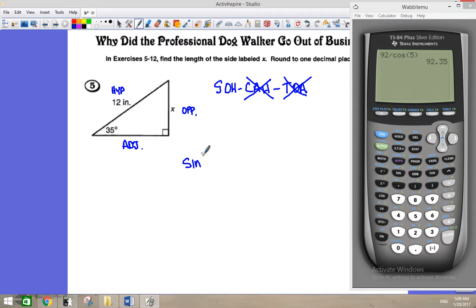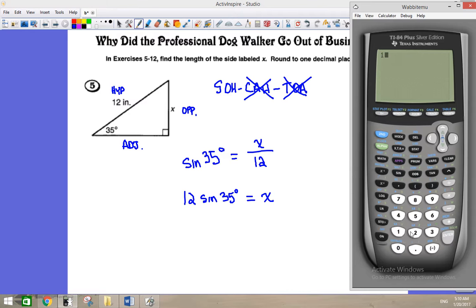The sine of 35 degrees is equal to the length of the opposite side, this ratio of x over 12. So now to solve for x, multiply both sides of the equation by 12. And that'll tell us what x is. And we've got 12 times the sine of 35. And to 1 decimal, I'm getting 6.9.